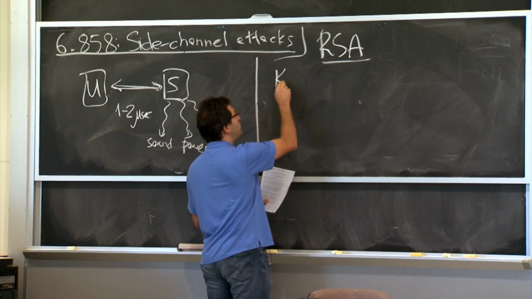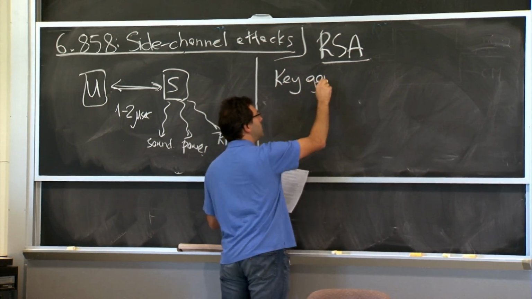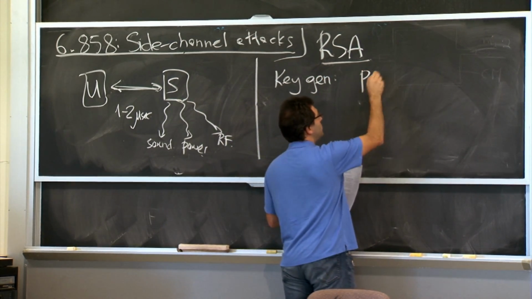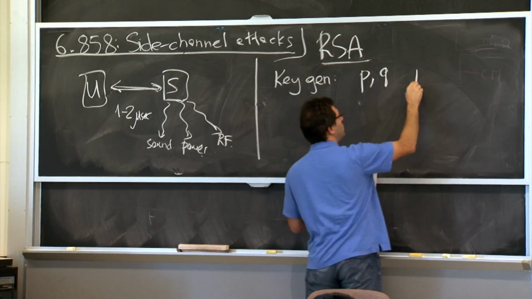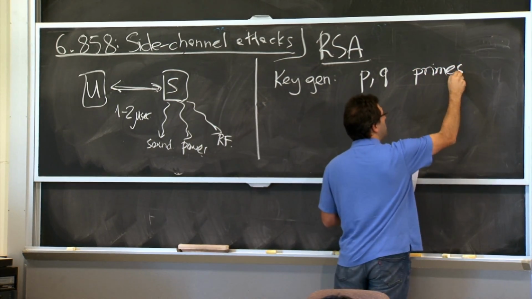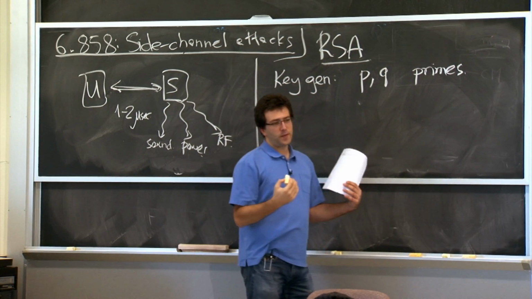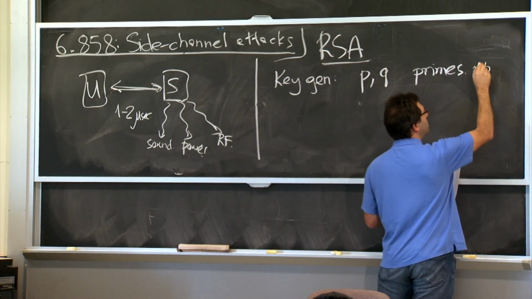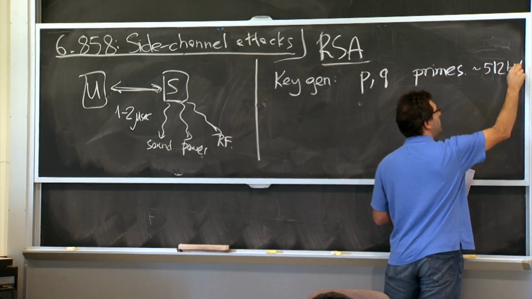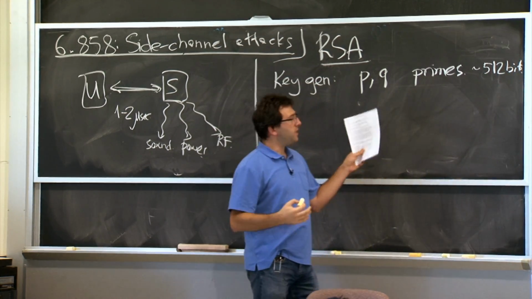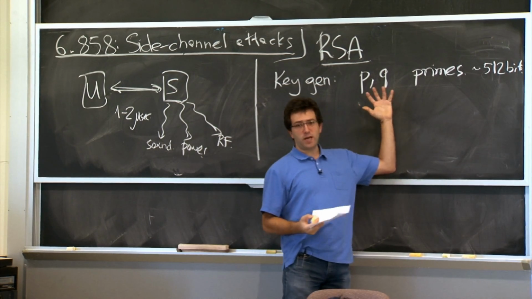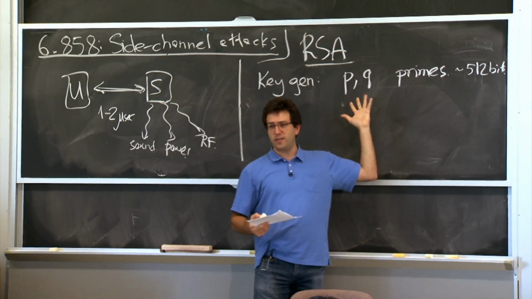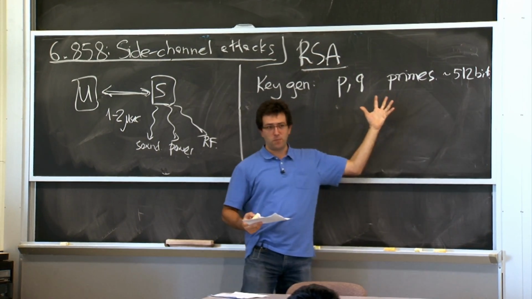For RSA, the way you generate a key is you pick two large prime integers, P and Q. In the paper, these guys focus on P and Q of about 512 bits each. This is typically called 1024-bit RSA because the resulting product of these primes, which we'll use in a second, is a 1000-bit integer.